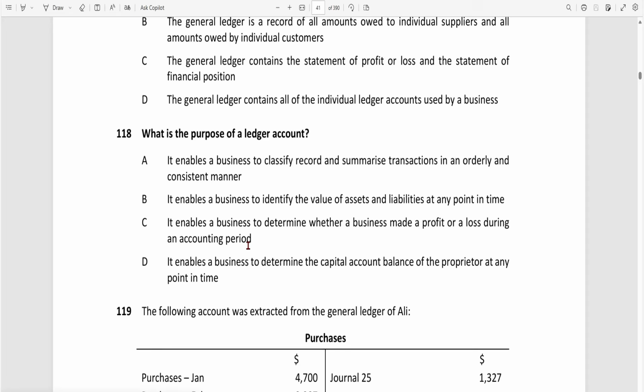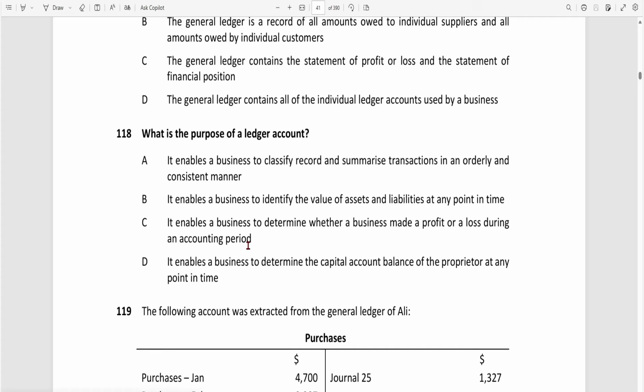The business can efficiently track its financial activities. This will further help a businessman to prepare accurate financial statements. So option A seems to be correct, but let's evaluate the other options as well.